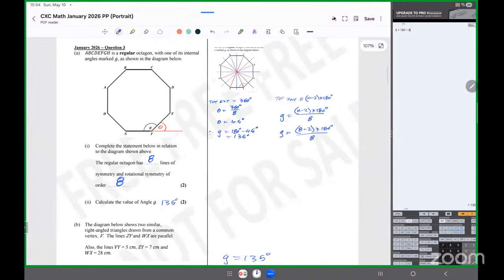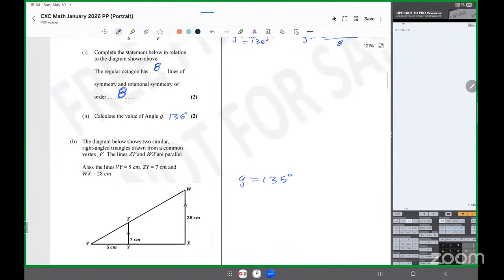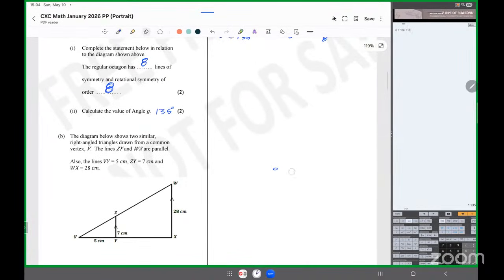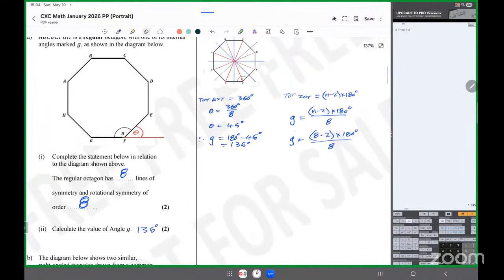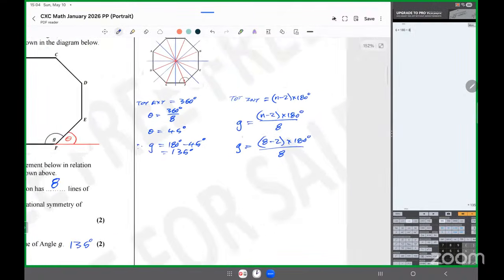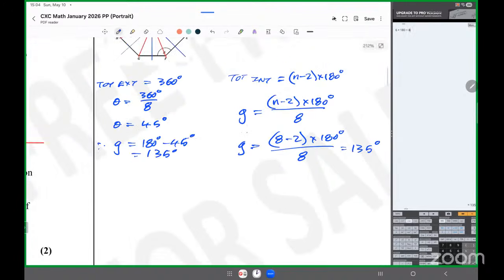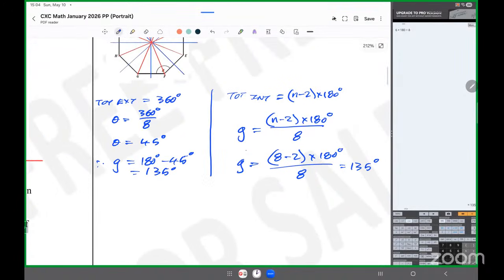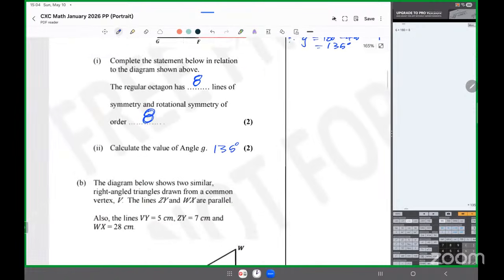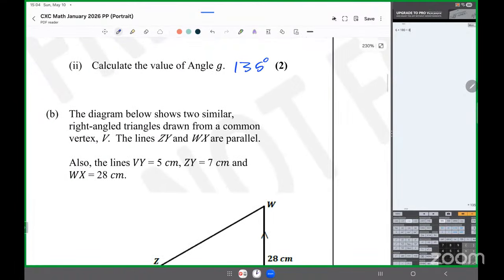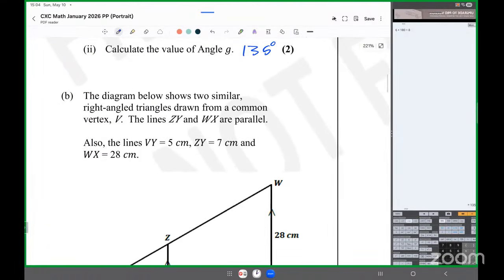Very good. Our next question, we spent a lot of time on that though. G equals 135. It says, the diagram below shows 2 similar triangles.